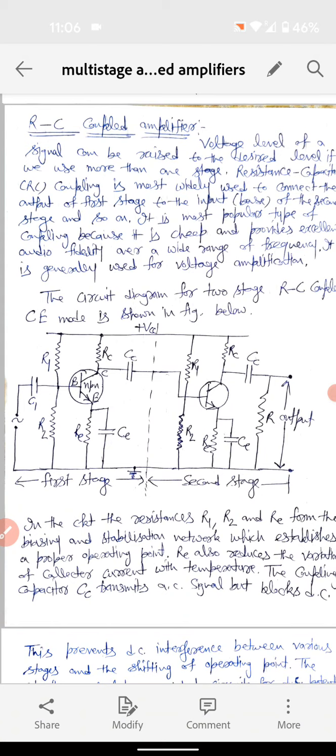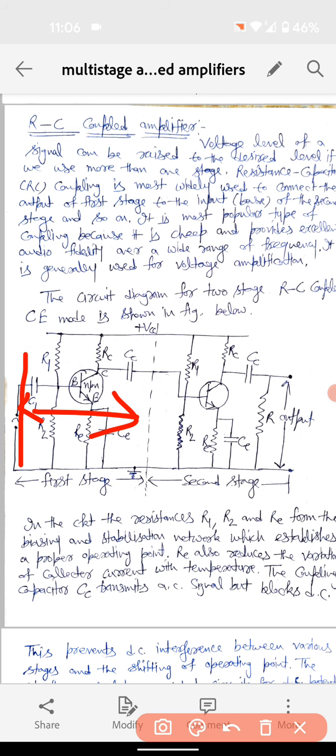The left hand side is the first stage and the other is the second stage, and both are similar. So do not think it is a very difficult circuit to draw. If you can draw the first part, then repeat it for the second part, and that will be your circuit for this RC coupled amplifier.